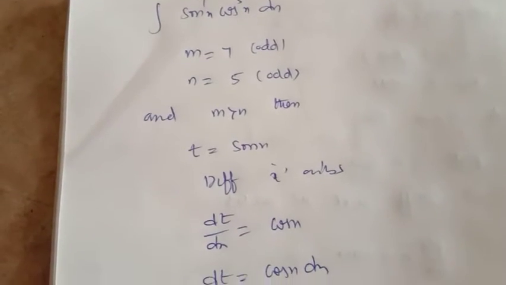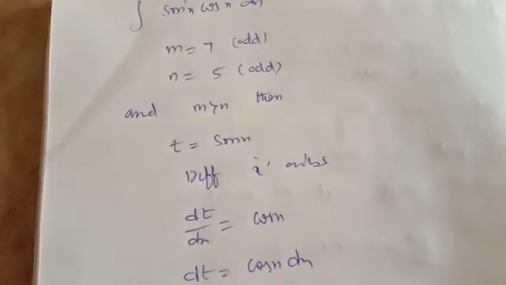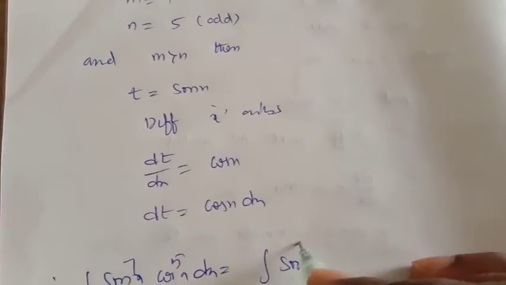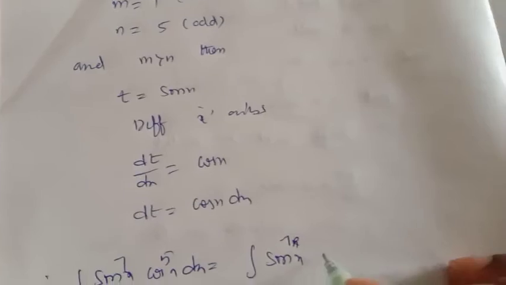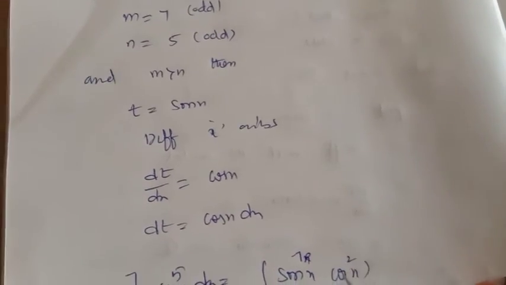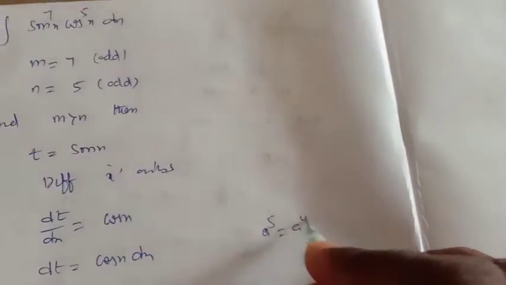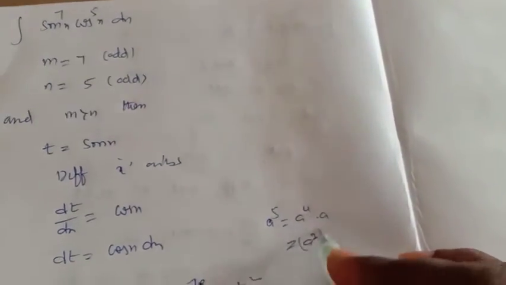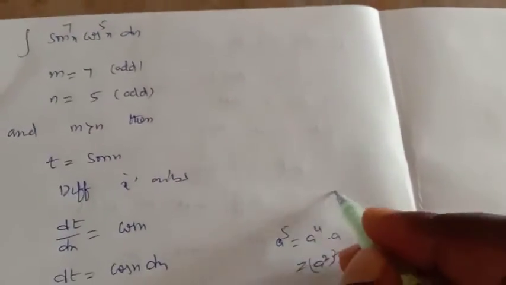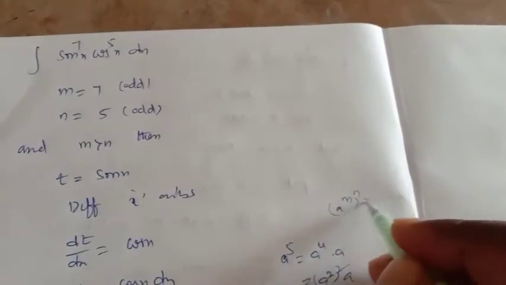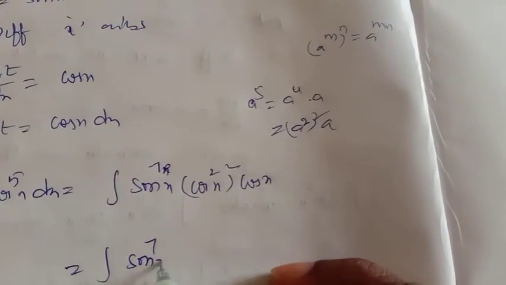Therefore the given problem is sin power 7x into cos power 5x dx equal to sin power 7x into cos square x whole square into cos x. Here a power 5 can be written as a to the power of 4 into a. Here a power 4, a square whole square into a, that is a to the power of m whole to the power of n equal to a to the power of mn, that is sin power 7x.